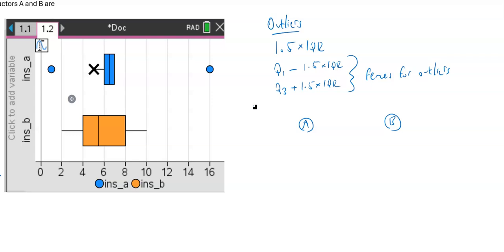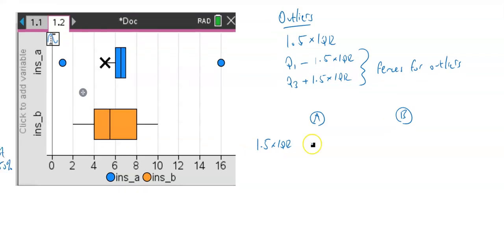So we would have the lower fence. I'll work out what 1.5 times the interquartile range is first, because that just makes it easier rather than doing everything in your head. Interquartile range for A was 1, so 1 times 1.5 is 1.5. And for B, the interquartile range was 4, so 4 times 1.5 is 6.